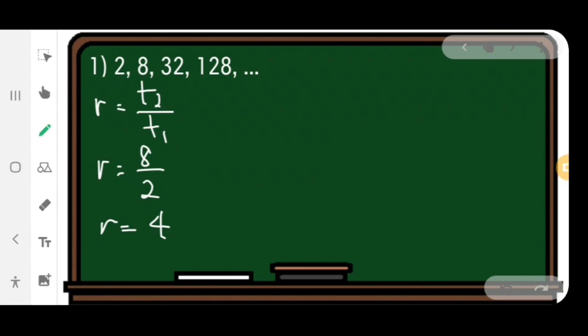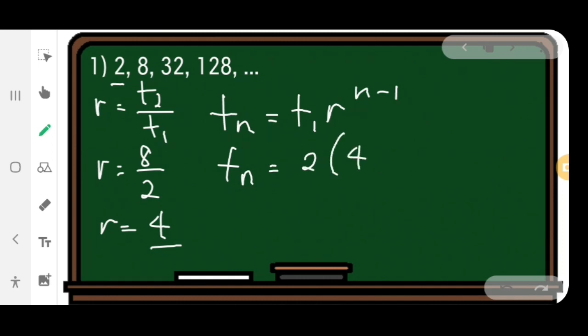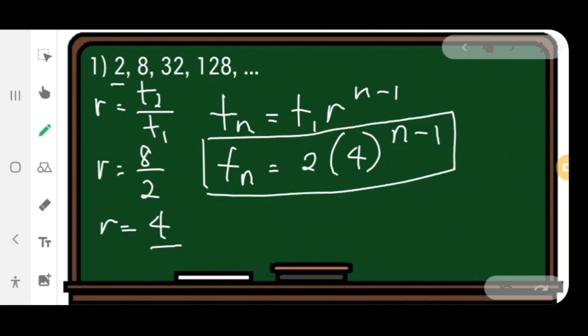So we now have t sub n is equal to t sub 1 times r raised to n minus 1. Substitute the values. We need t sub 1, which is 2, and r, which is 4. So we have t sub n is equal to 2 times 4 raised to n minus 1. So this is our general term.